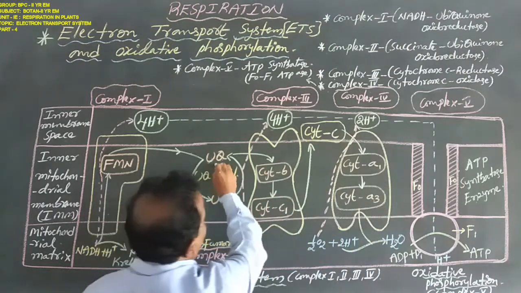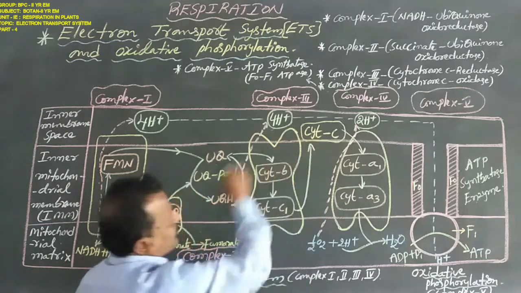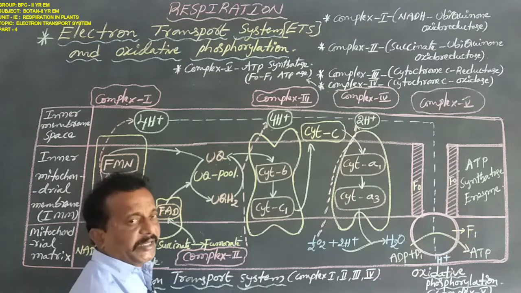So in this step the electrons reach complex 3, that is cytochrome C reductase.